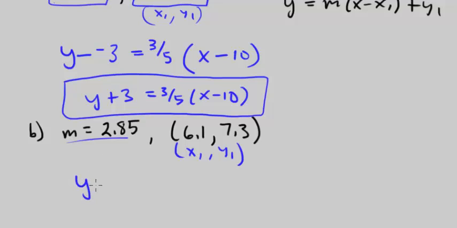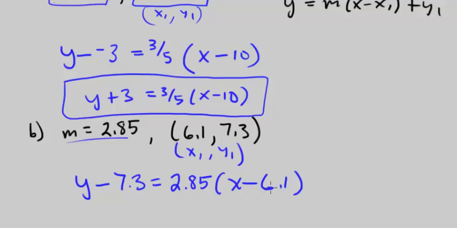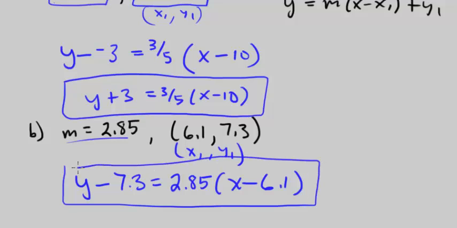So we're left with y minus y1, which is 7.3, equals our slope 2.85 times (x minus x1), which is 6.1. We don't have to do any simplification because we're done there. That's the equation of the line that passes through this point and has this slope.